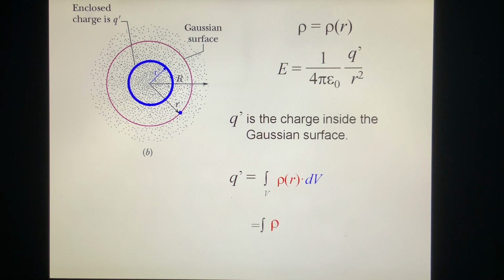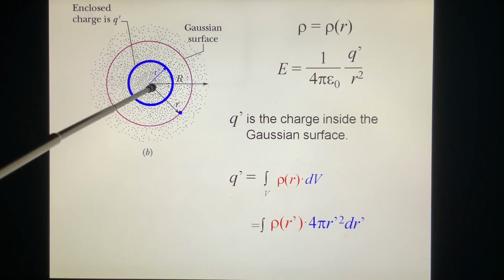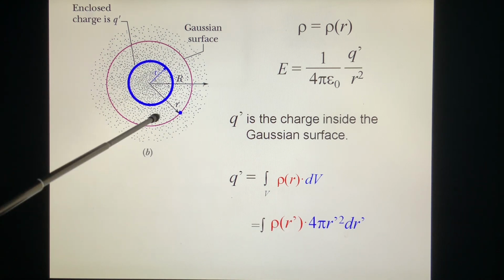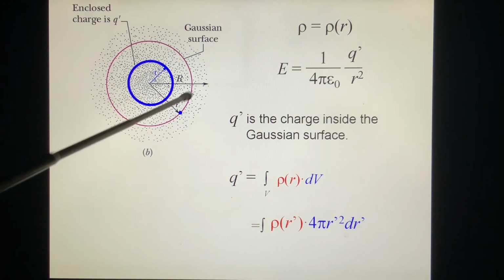We can find this one depending on the function rho of r prime. The dV is the shell's surface area 4 pi r prime squared times the thickness dr prime. This dV gives the charge. Putting it together, we can find E. This Q prime is the charge inside this Gaussian surface.